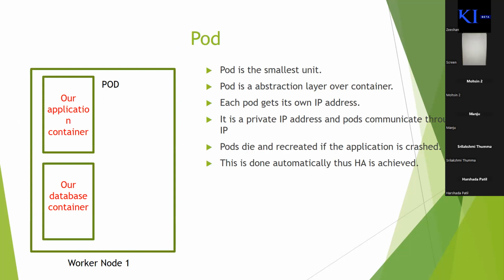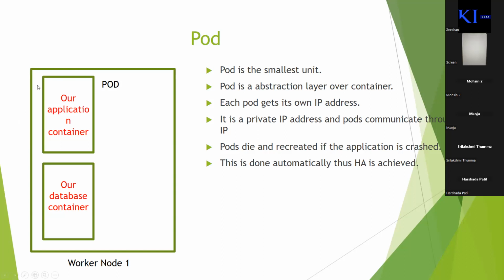The pod is an abstraction over a container, like the pod has a container running inside it. Every pod gets its own IP address, not the container. The pod gets the IP address.